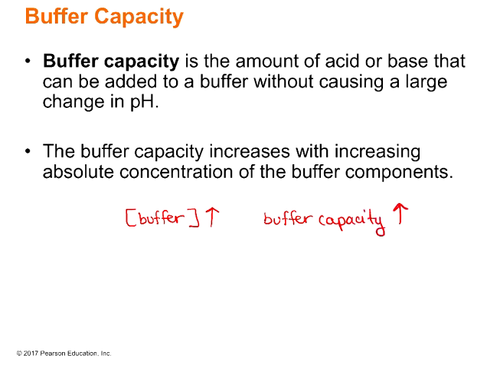And this makes sense, right? The more buffer base we have, the more acid we can neutralize. The more buffer acid we have, the more base we can neutralize. So we typically want our buffers to have a pretty high concentration of both acid and base.